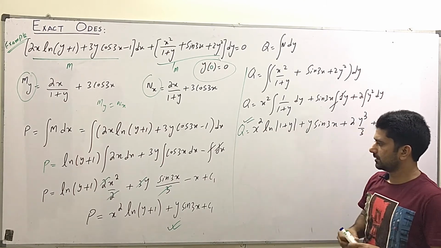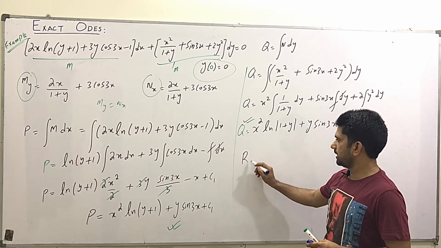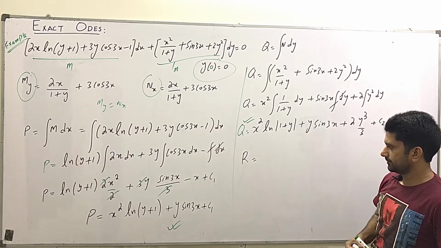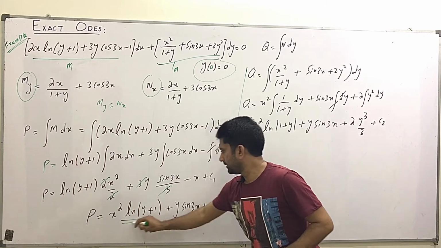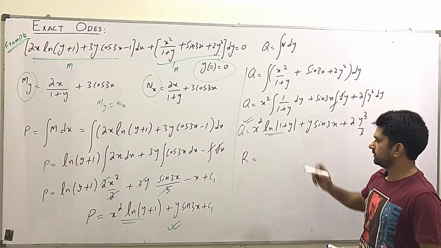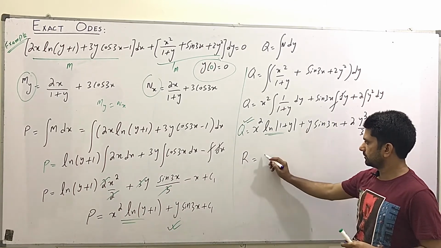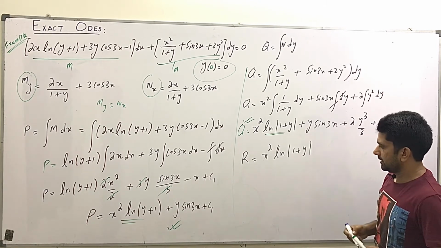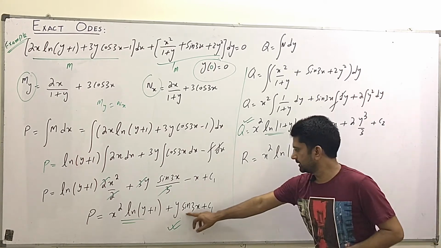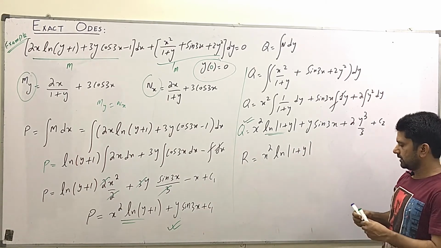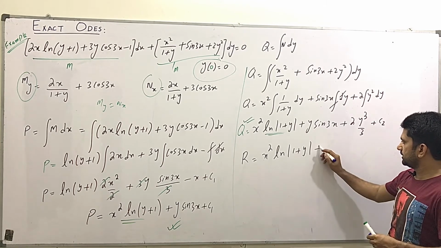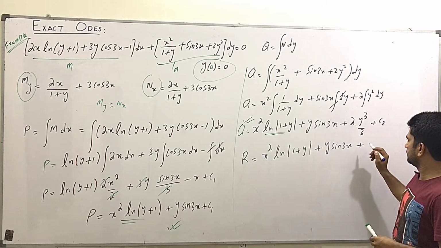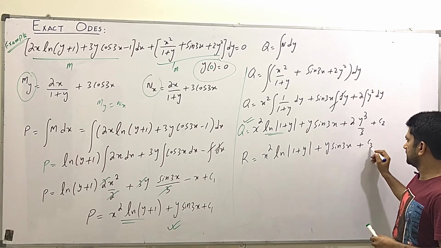Now we write the R term. We know that R is the common part of P and Q, so we see the common is x² ln(y+1) and x² ln(y+1), so one term is this, and similarly y sin 3x is here and y sin 3x is also here, so this is also common, so plus y sin 3x, and write down plus some constant c3.